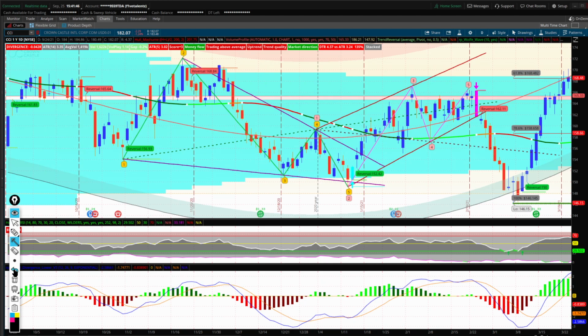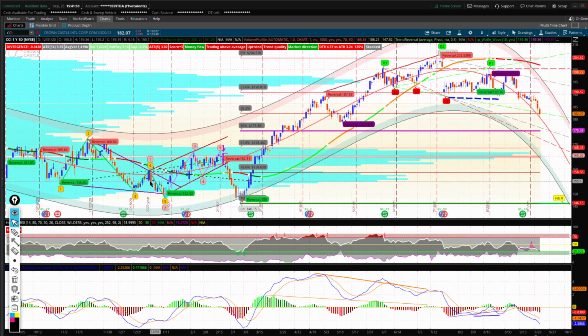So that is the wolf wedge. It does also come with the scanner, so you could scan for bullish wolf wedges, bearish wolf wedges, and it's really, really good. And you could find that on funwiththinkscripts.com, and that's the wolf wedge.